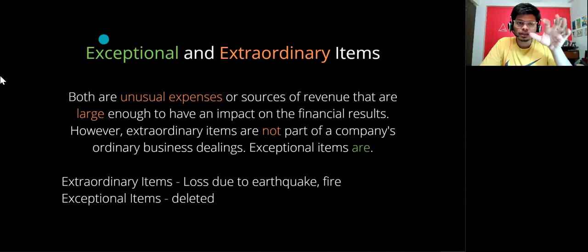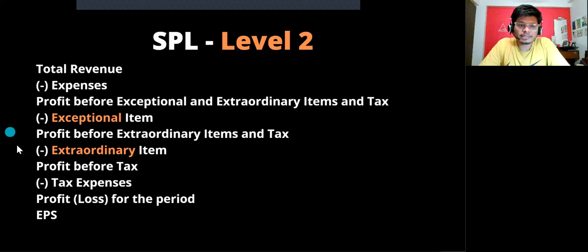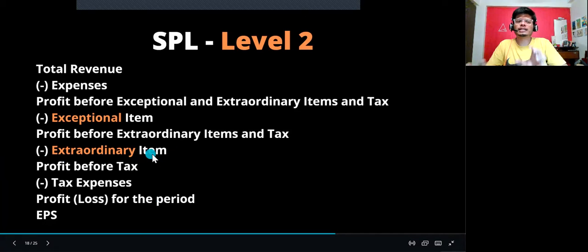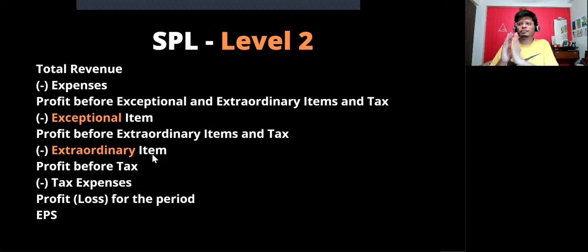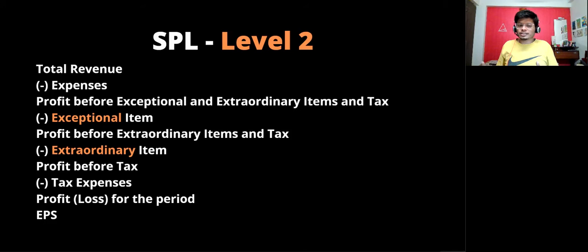The entire purpose of showing exceptional items and extraordinary items is that if I compare my profit and loss account this year versus my earlier year, if there are major changes in the profit, I as an investor should know why is that so. Is it because my expenses during the year were very high, or my revenue was too low, or is it because of some exceptional item that should not have happened and happened?